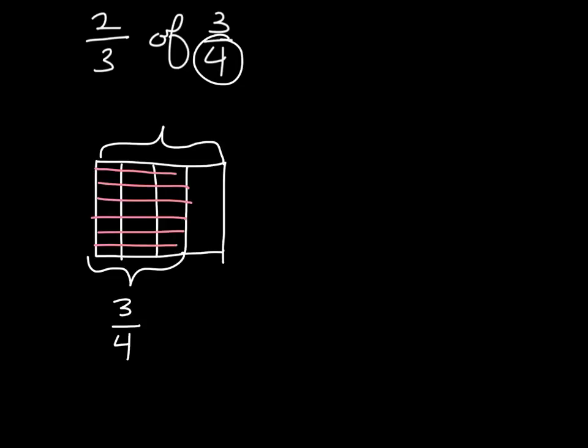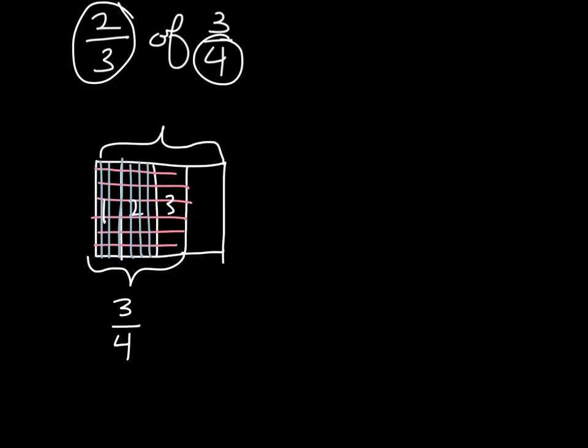Now I want 2/3 of that, and what I notice is that I already have 1, 2, 3 groups, so this is very convenient. So I could just simply highlight 2 of those 3 groups to show 2/3.